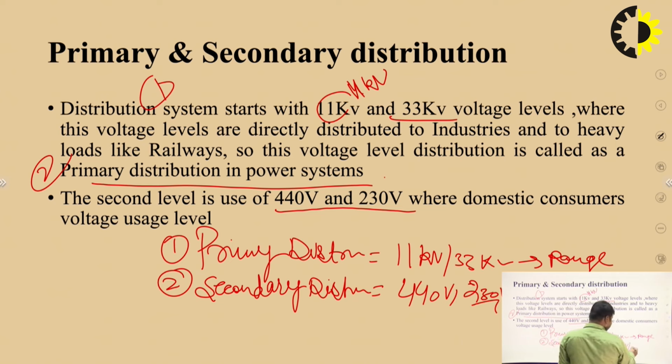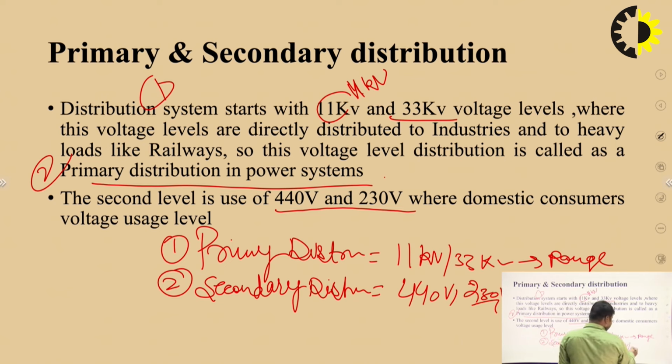Due to economic considerations, primary distribution is carried out by a three-phase, three-wire system. What is a three-phase, three-wire system? This is the kind of supply which we use in power system operation and control. The detailed structure of different types of power supply has already been described to you.